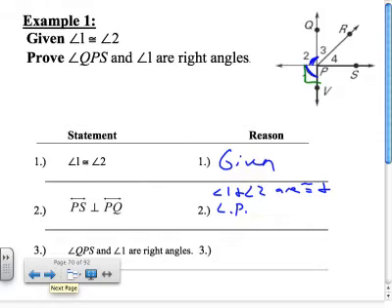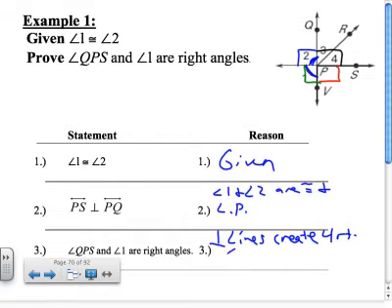Let me mark them all different colors: 3 and 4. All 4 of them have to be right angles. So it should make sense that QPS and angle 1 are right angles, and that comes from perpendicular lines creating 4 right angles.